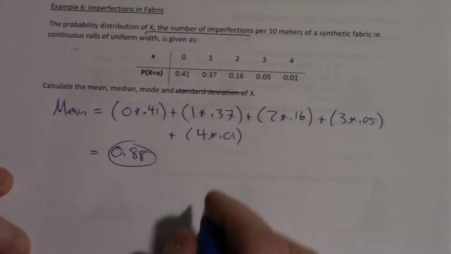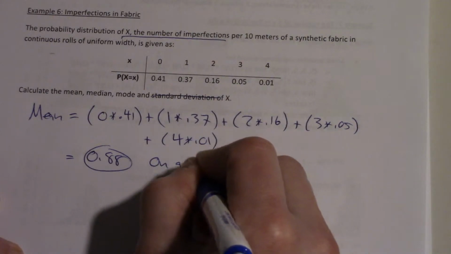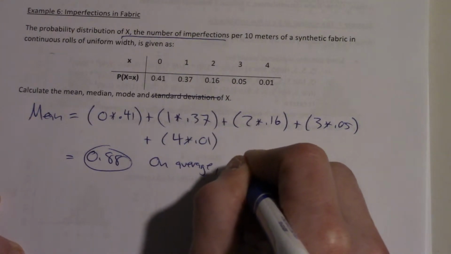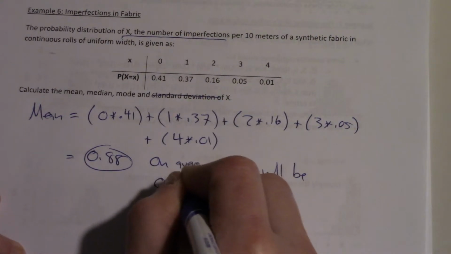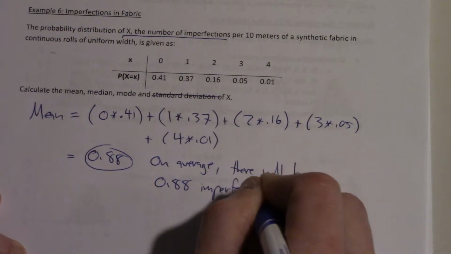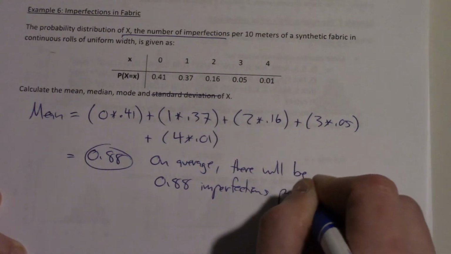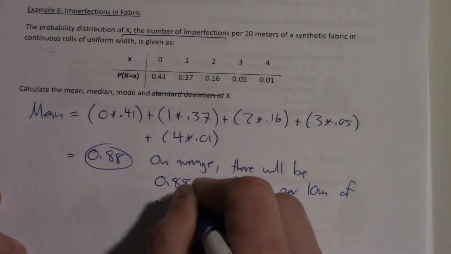The way that you would interpret this would be something like, on average, because this is an average, there will be 0.88 imperfections per 10 meters of a synthetic fabric.